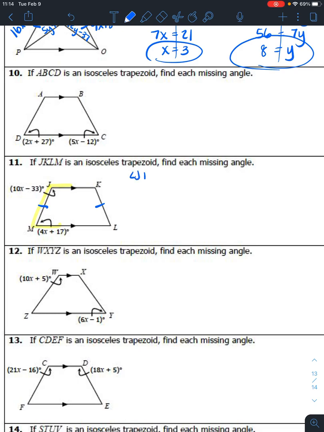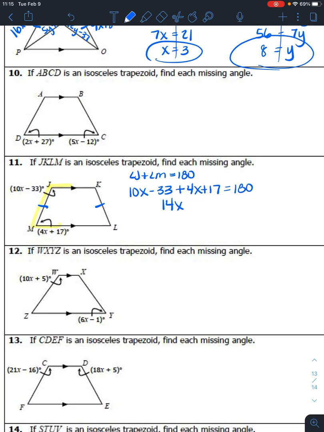So we know that angle J plus angle M is equal to 180. So you would say J, which is 10x minus 33, plus M, which is 4x plus 17, is equal to 180. So let's simplify the left side, combine our like terms. So 10x and 4x is 14x.